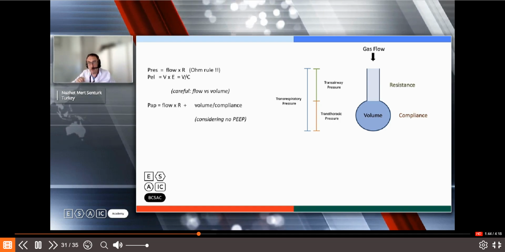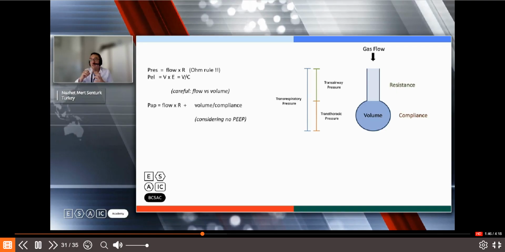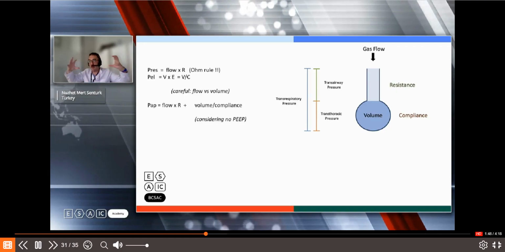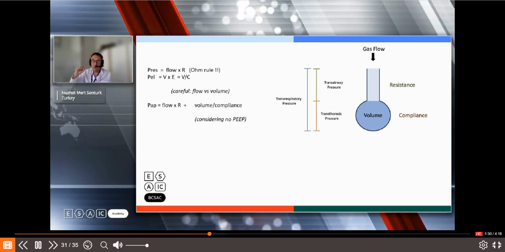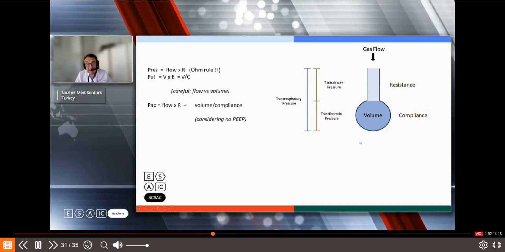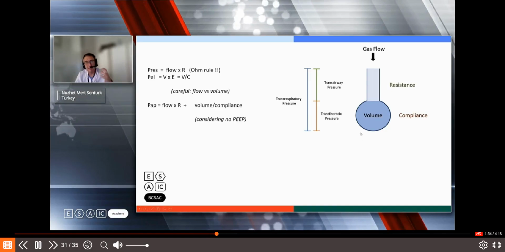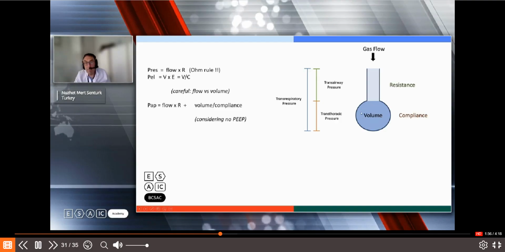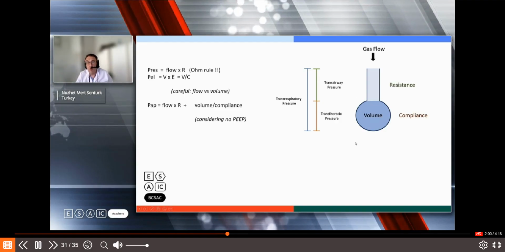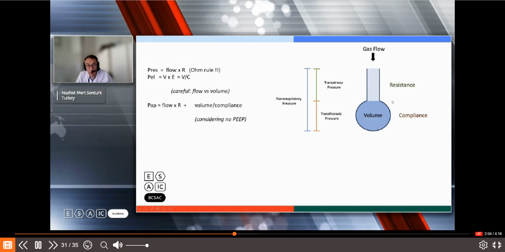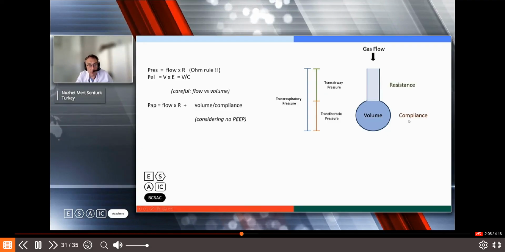If it is a good balloon, you would require less pressure to inflate the balloon. And the quality means here the compliance of the balloon, which is the compliance of the alveoli. And therefore we have here the volume instead of the flow.